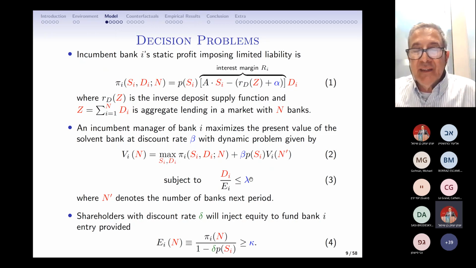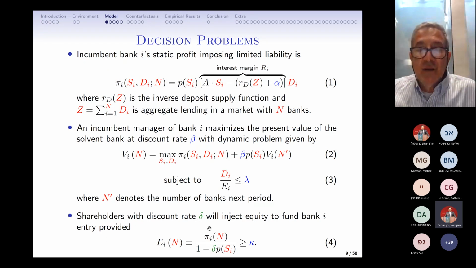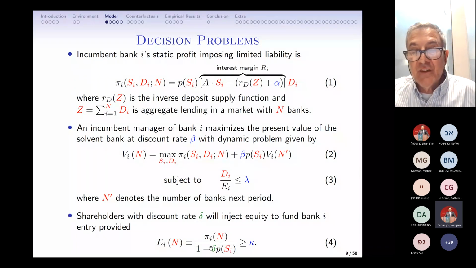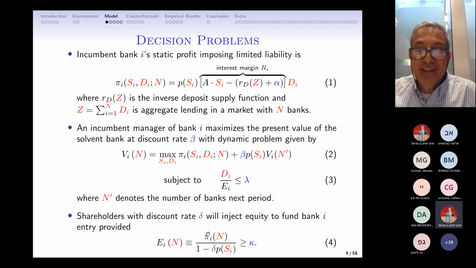Given all this, what do shareholders do? Well, they figure out what the profitability of banks is going to be, but they're using their discount factor. So there is this difference in discount factors between what the manager and the shareholder is using to discount future profitability.